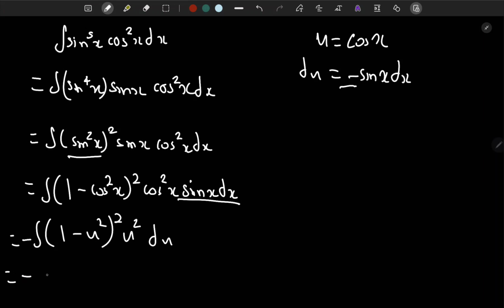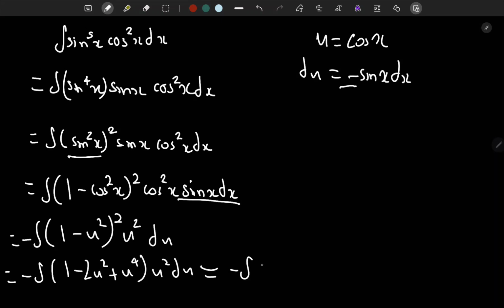And now let's simplify this more. So this is going to be minus the integral of, a minus b squared is a squared minus 2ab plus b squared, so 1 minus 2u squared plus u to the power of 4, and this is all multiplied by u squared again. So I'm just going to rewrite it now.